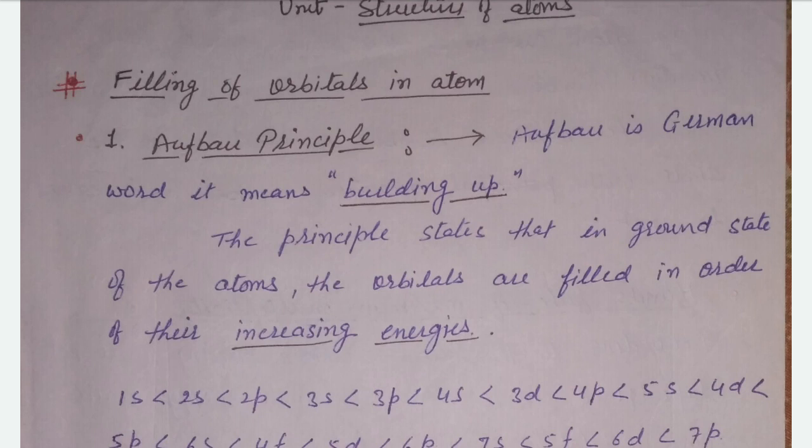We have already read that when energy is absorbed, the electron is excited from ground state to excited state. When energy is emitted, the atom comes from excited state to ground state.